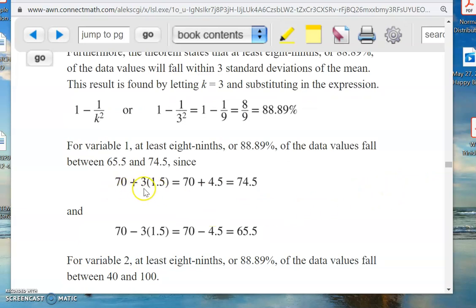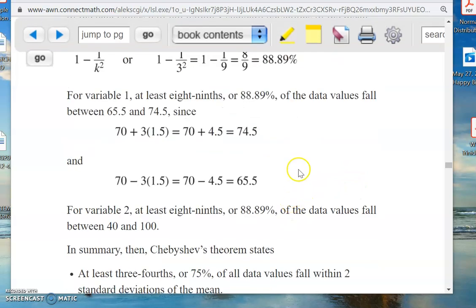It's 70 plus 3 times the standard deviation, which gives me the upper bound, and 70 subtract 3 times the standard deviation gives me the lower bound. So between 65.5 and 74.5, there's going to be at least 88.89% of the data values for that first example, a mean of 70 and a standard deviation of 1.5.